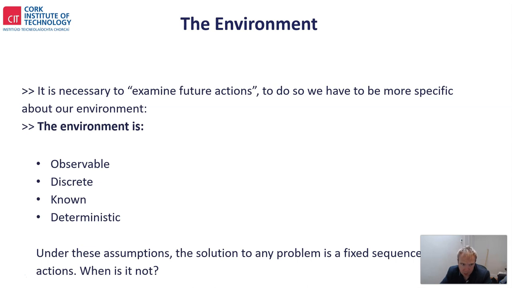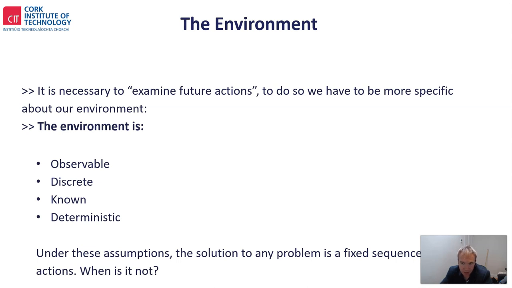As the agent drives from city to city, it's reasonable to assume that there is a sign indicating that you have arrived at the city. It's discrete in that when we arrive at any given state, there are only a finite number of states and actions to choose from.